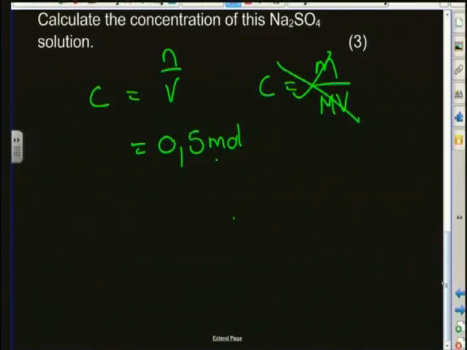Off we go, nice and easy. But he then tops it up with enough distilled water to make a 1 liter solution. 1 liter solution. The volume is 1 liter. Okay? Volume is 1 liter, not 250 centimeters cubed. He makes the solution in the conical flask using 250 centimeters cubed and then adds more water to it.